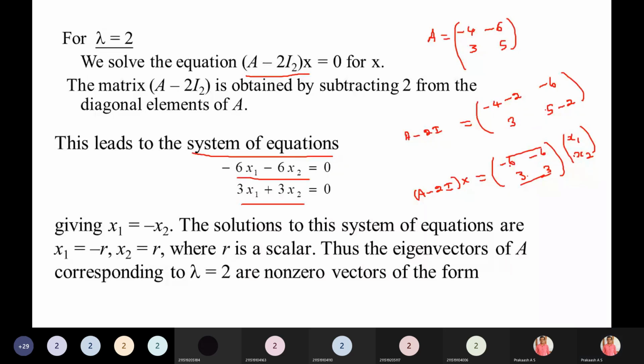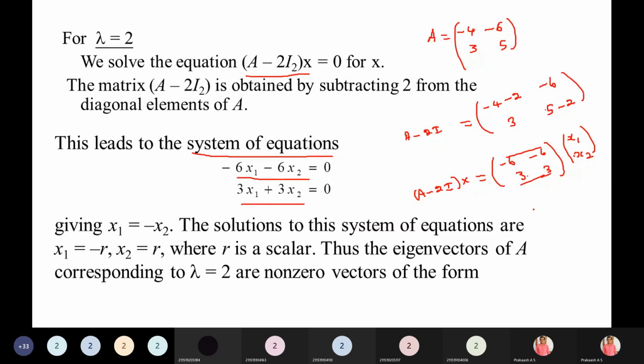See, both the rows are the same. How is it the same? In a matrix, elementary row or column transformations are possible. If you apply them, you get an equivalent matrix.